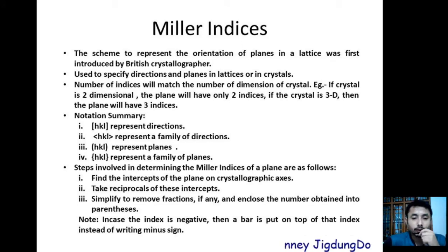If the simplification is not necessary, then whatever indices we get, we enclose within the parentheses. That will be our required Miller indices of that particular plane. Now if any index has a negative value, then instead of writing a negative sign, we use a bar on top of that index. So let's go to the next slide.